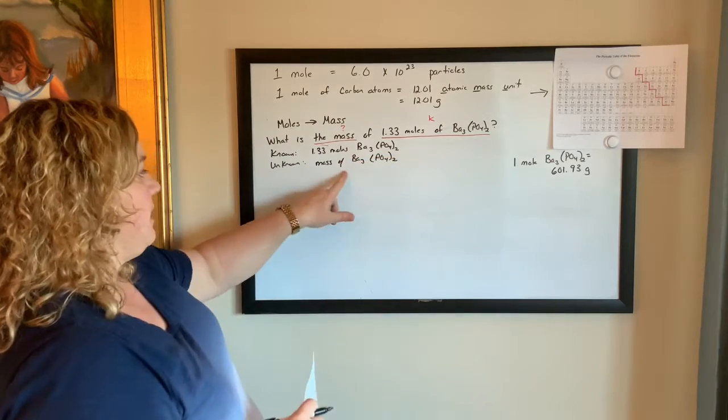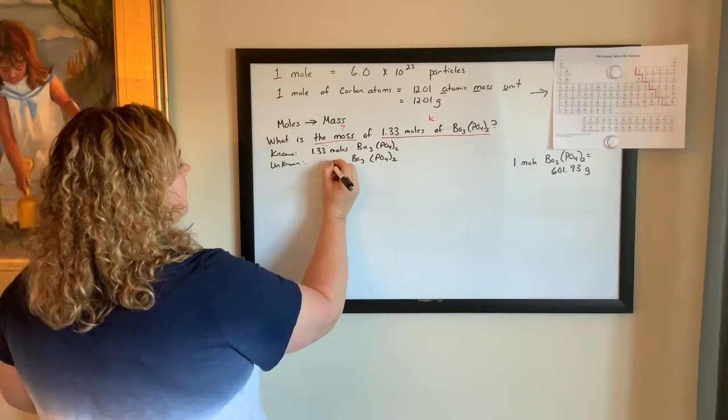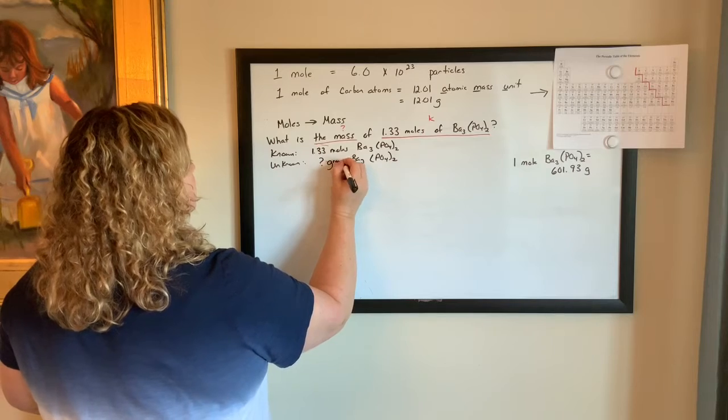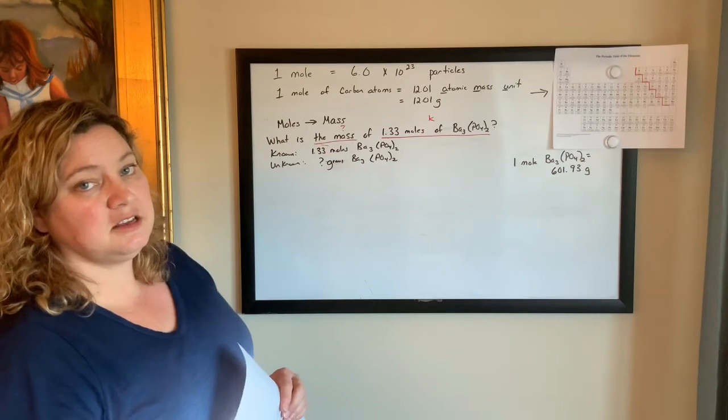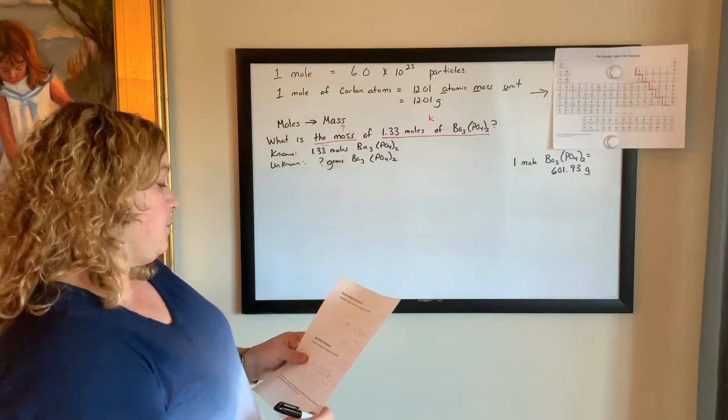And you could say mass of this, or what I like to do is I just like to put question mark and I'm looking for grams. So you can just put the word grams or just the symbol for grams. To me, in my brain, it makes it easier if I know what I'm looking for.